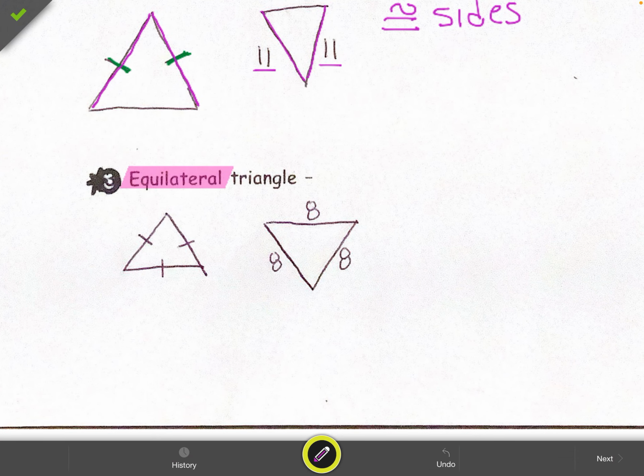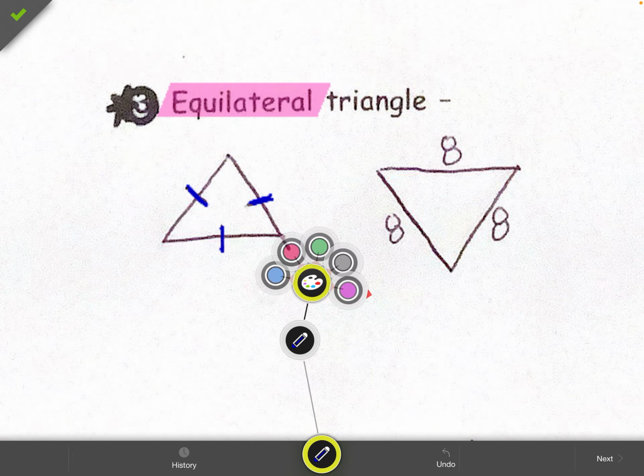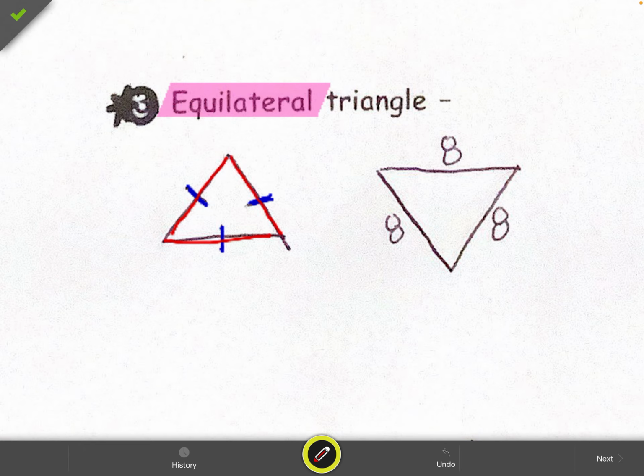And then the last one we're going to look at is equilateral. If we look at the first picture, I notice they all have the same exact markings, the same exact tick marks. So what they're trying to tell you is that all of these sides have the same exact measure. With the tick marks, we don't know exactly what they measure.